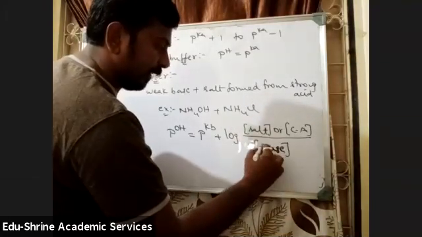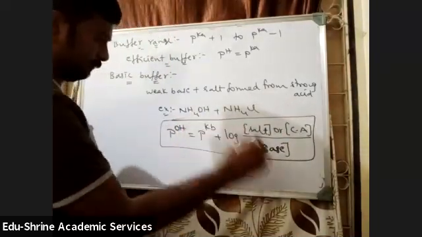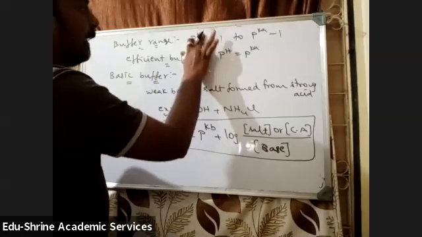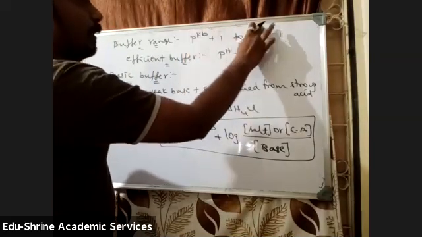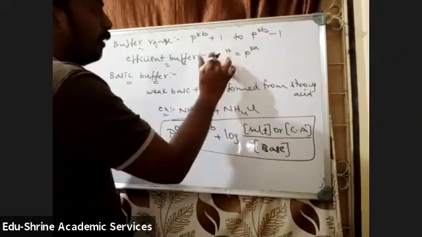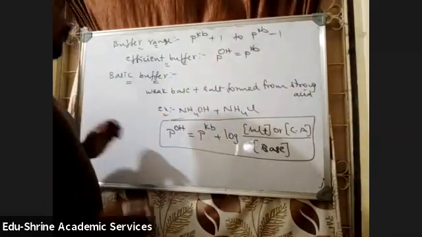The working range of the buffer will be pKb plus 1 to pKb minus 1. It is an efficient buffer when pOH is equal to pKb.